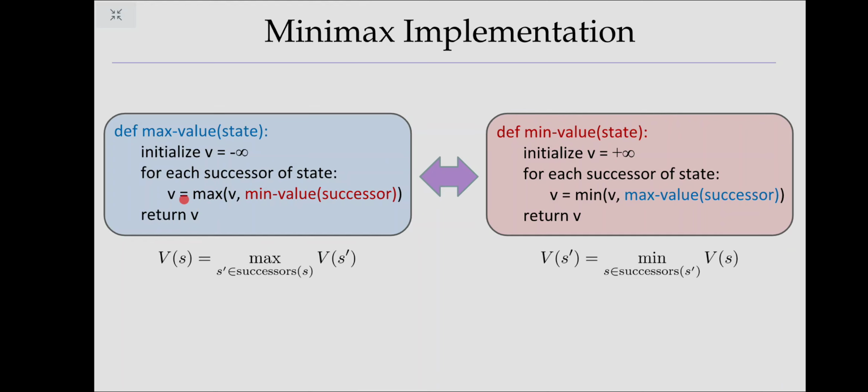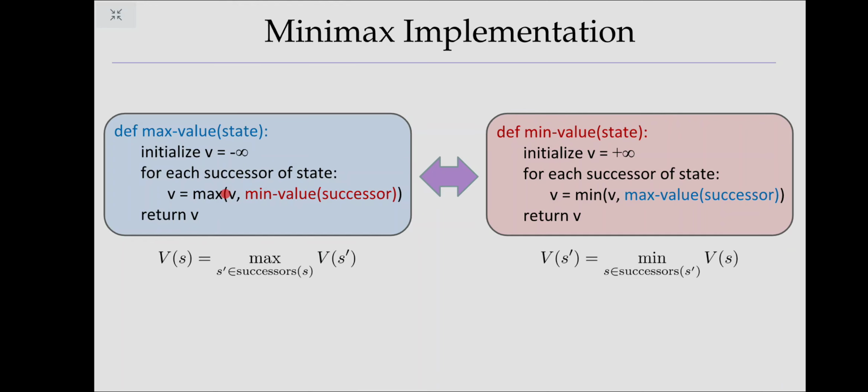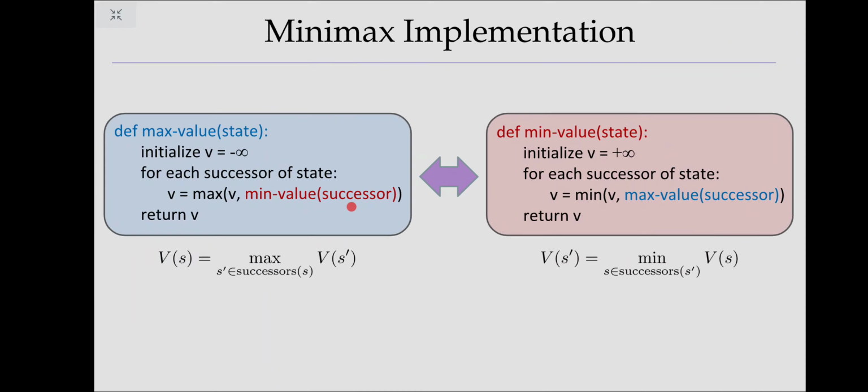We call the max operator over the current v and the output of the child. The children are min players. Because of that, the min value function is called over the successor. And when we have a better value from the min value function, we update the value of v.